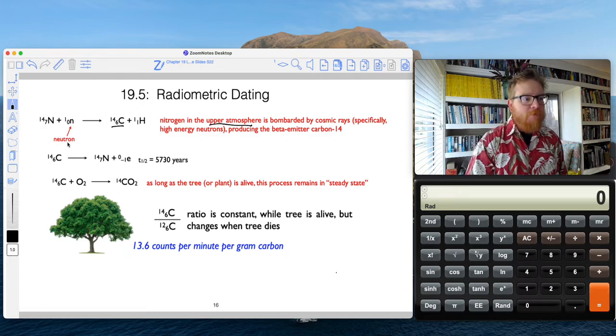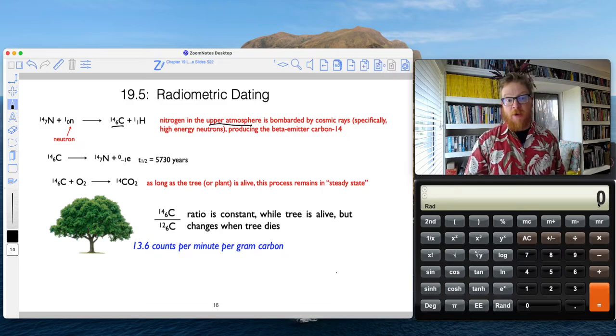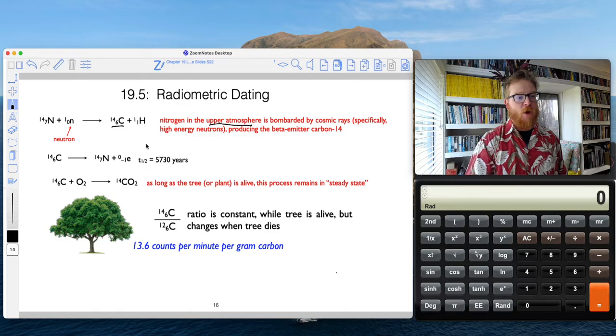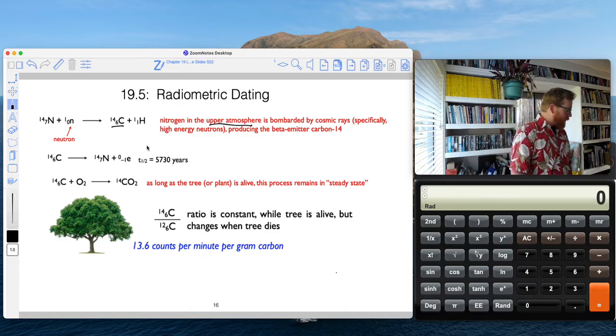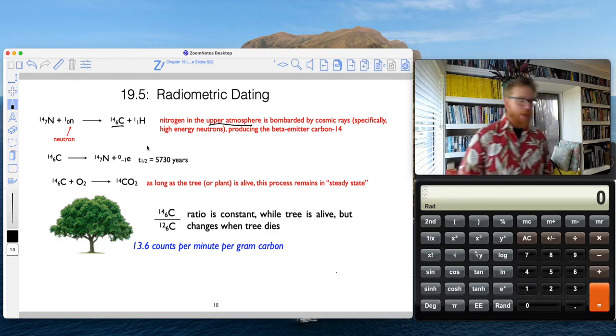As you can see here with our reaction, a neutron slams into a nitrogen-14 nucleus, and then you make this carbon-14, and a proton is also kicked out in the process. If we add up all of these things, this all is conserved and checks out.